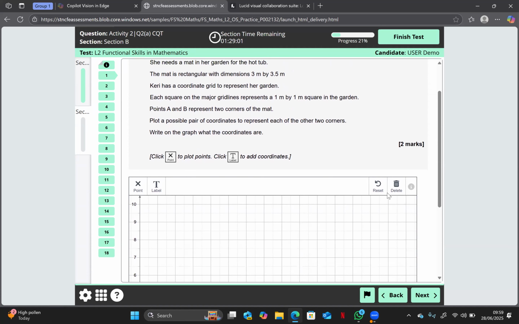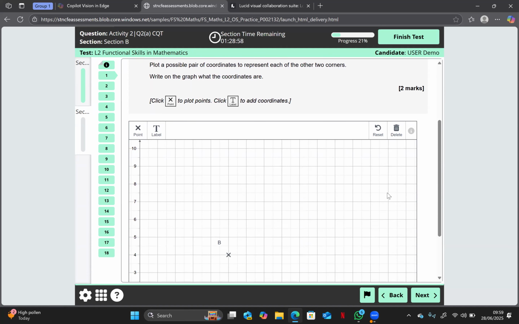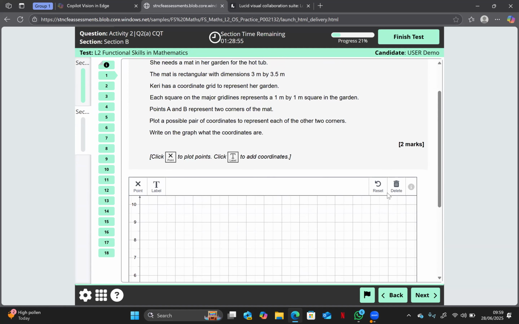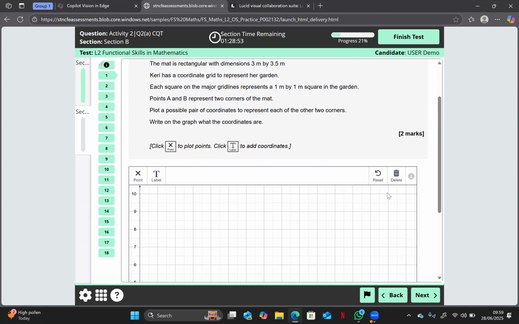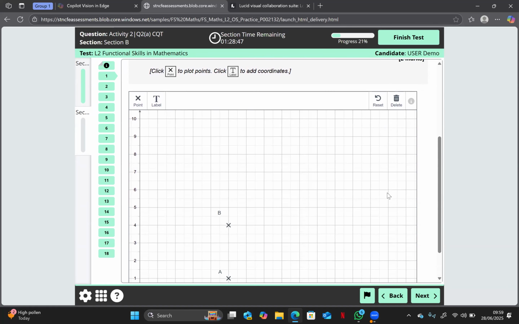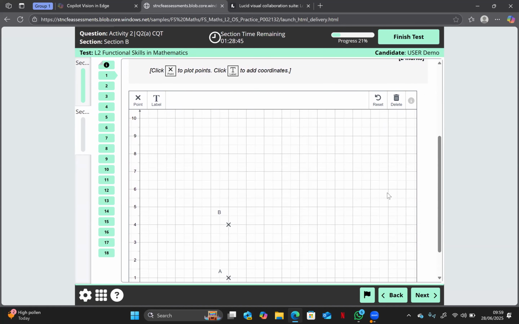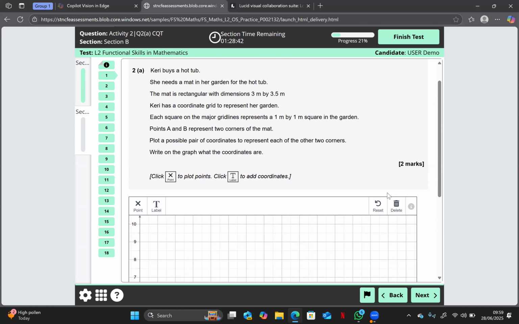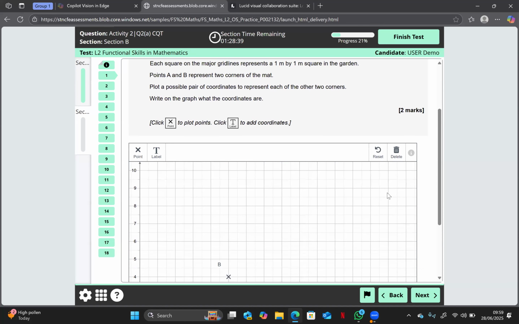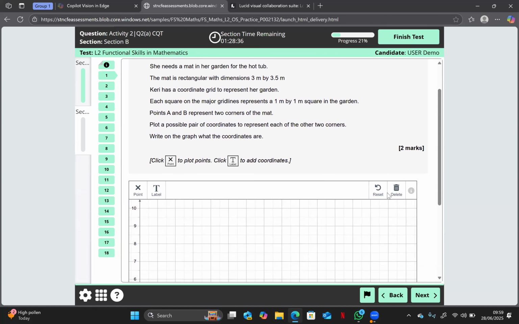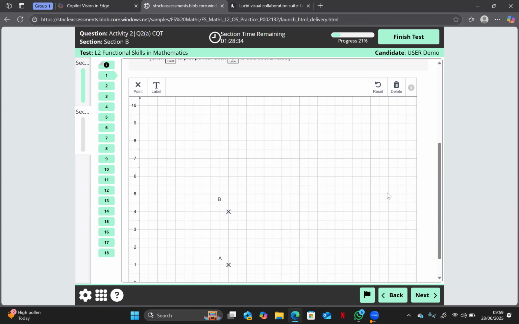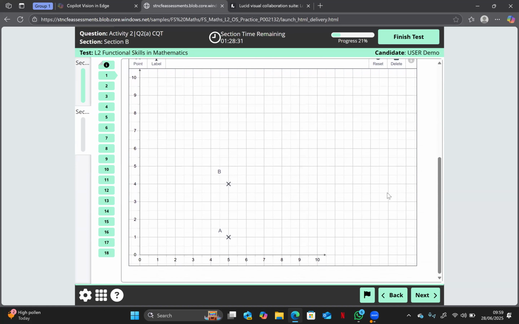So she needs the mat in her garden, length 3 and width 3.5. So we know that each square represents 1. So this square represents 1 by 1 meter.